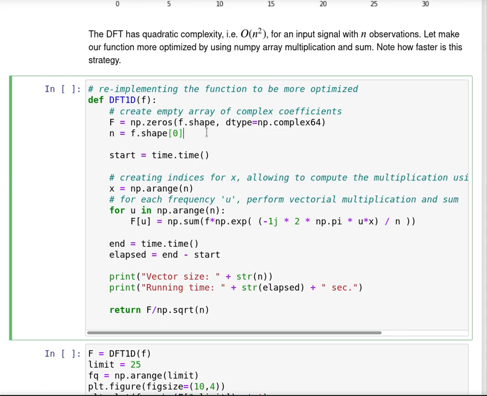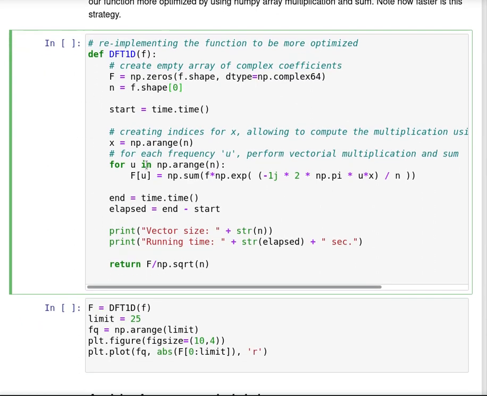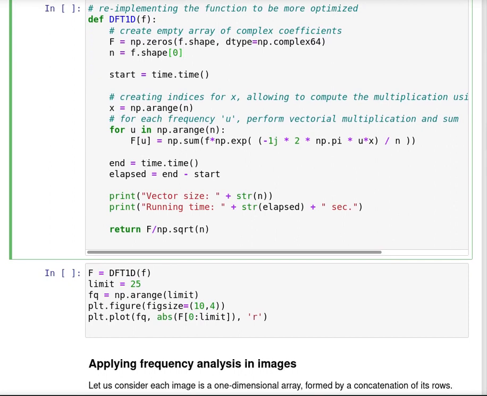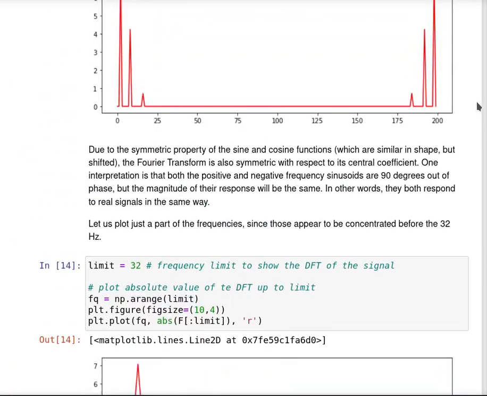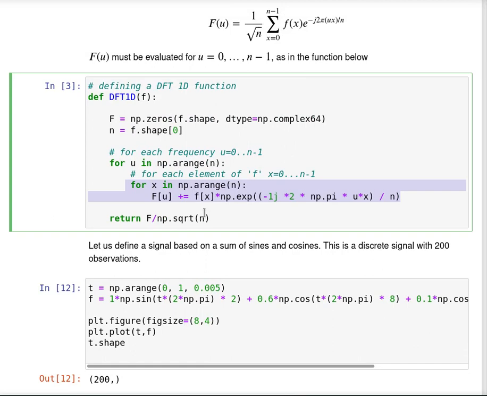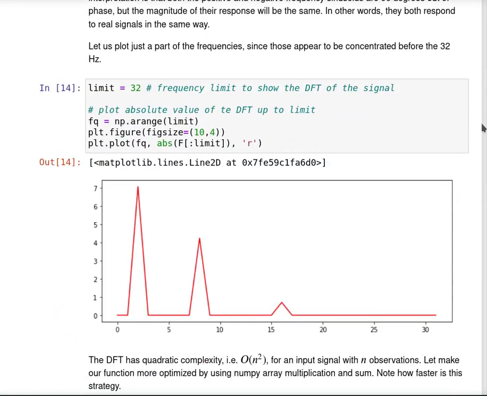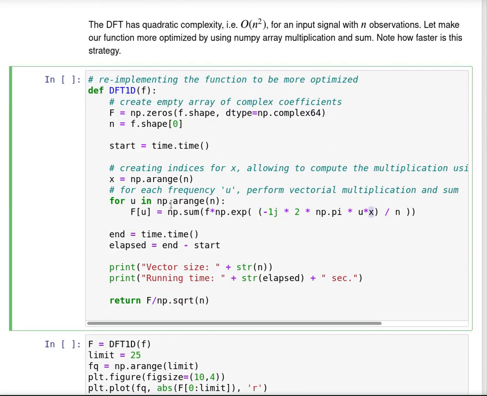What I'm going to do here, as you can see, this function is similar to the previous one. However, instead of creating a for loop for x, I'm going to replace this for loop by pre-computing x in a range between 0 and n, and then computing the multiplications regarding x all at once.